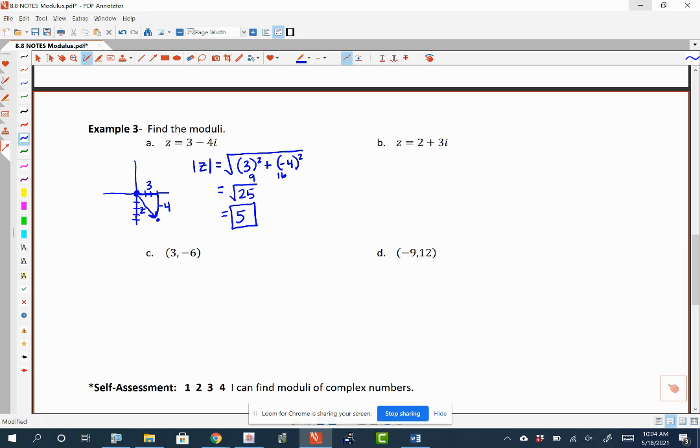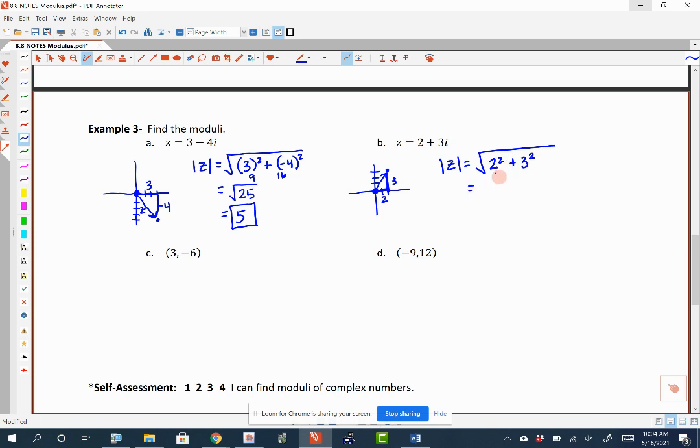Let's do the same thing on b. Again, you could draw a graph. We know that this would be starting at the origin. We go over 2 units on the real axis and 3 units up on the imaginary. So there's that vector that we could create a right triangle with. So the length of my modulus, that vector, would be 2 squared plus 3 squared.